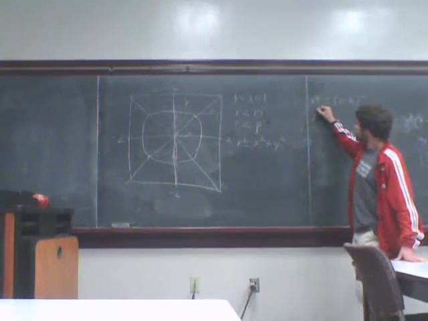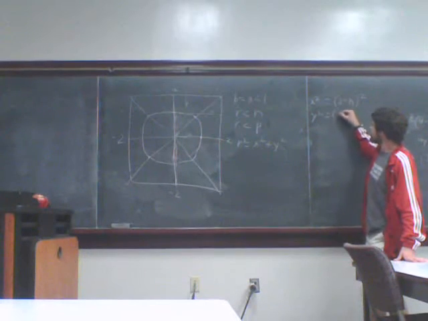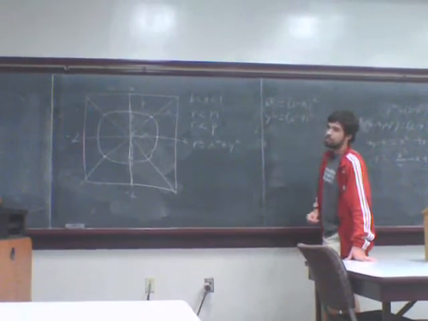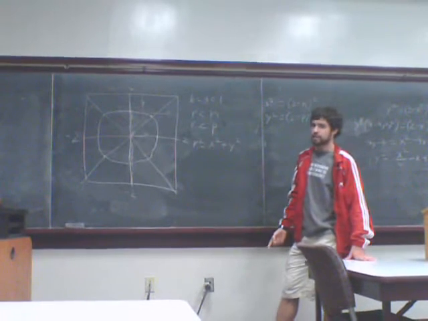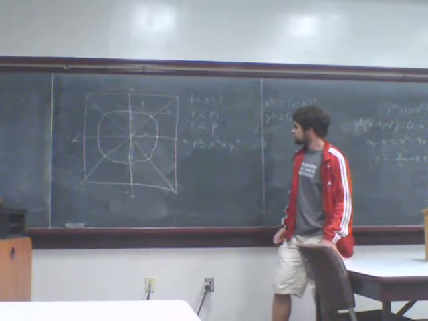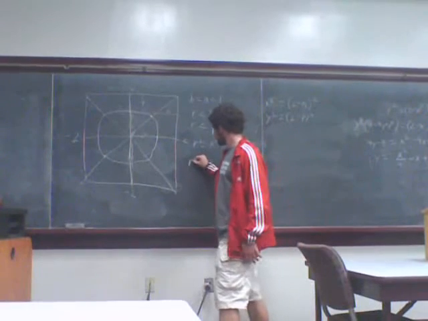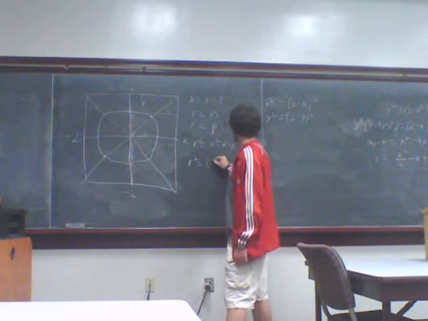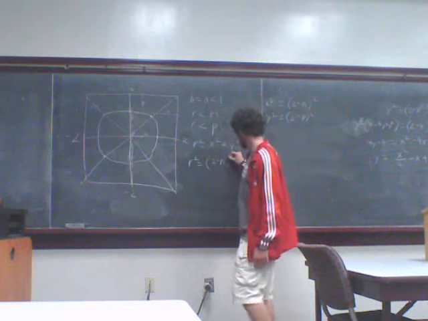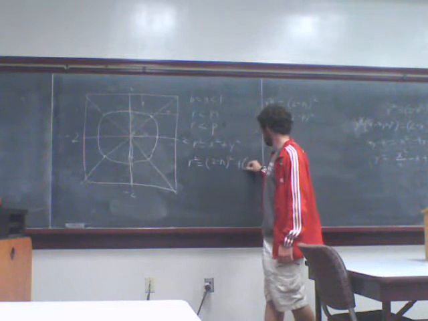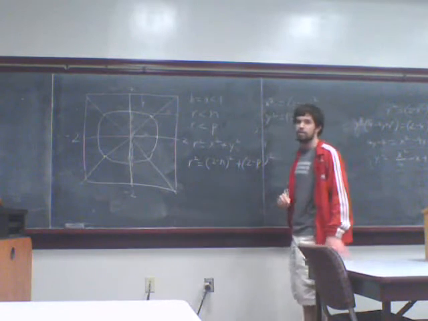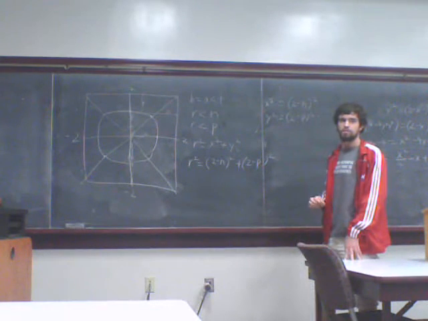And y squared will equal 2 minus p squared. Does that make sense? So we can rewrite R squared as 2 minus n squared plus 2 minus p squared. All right? So far, so good.